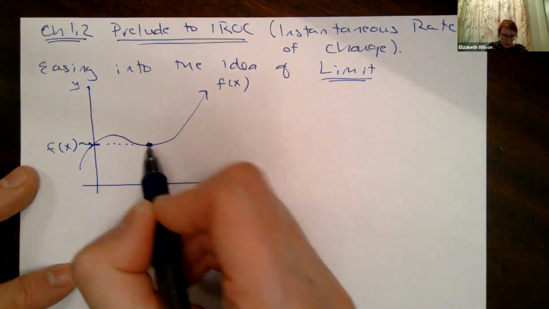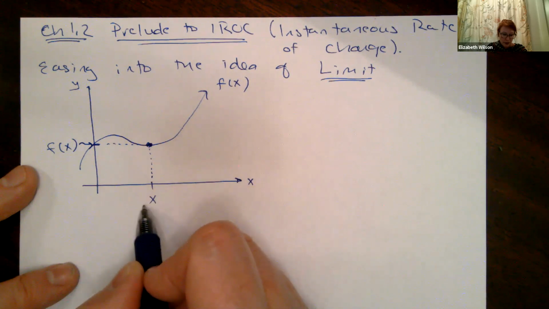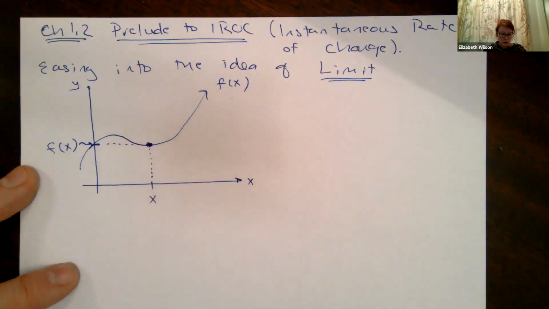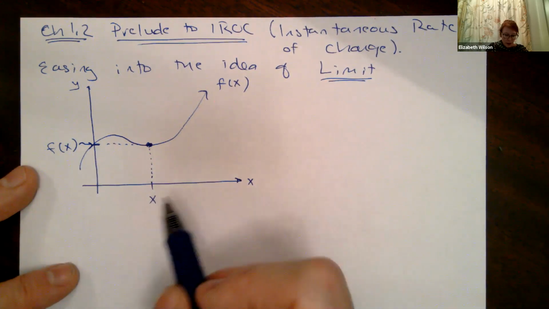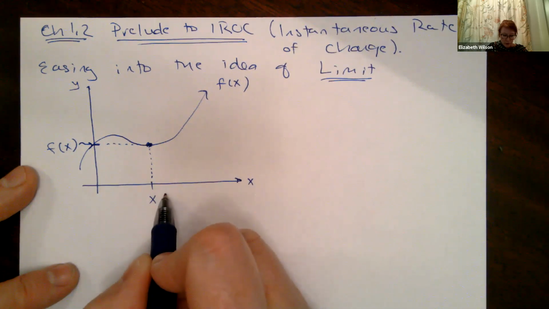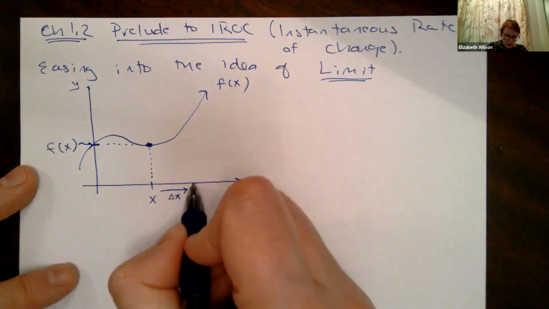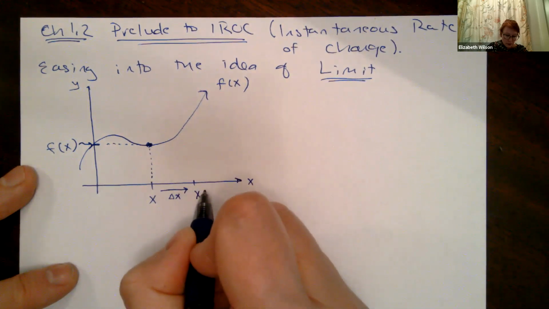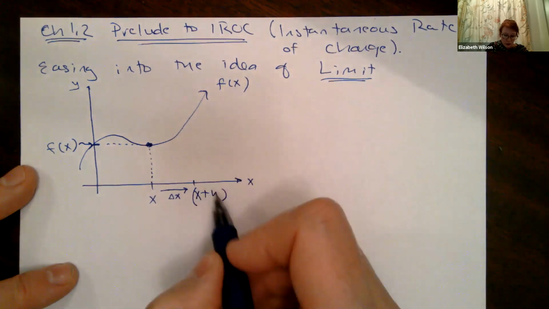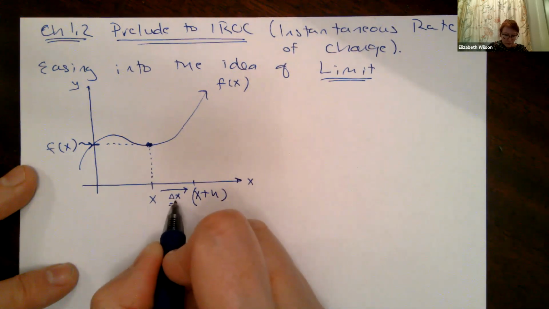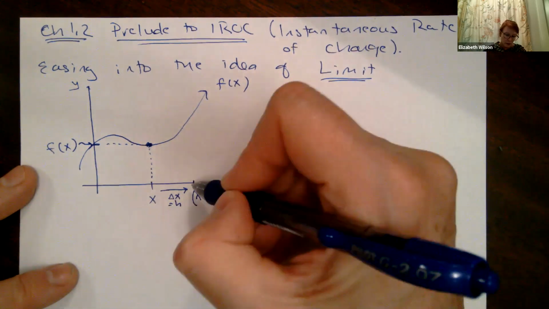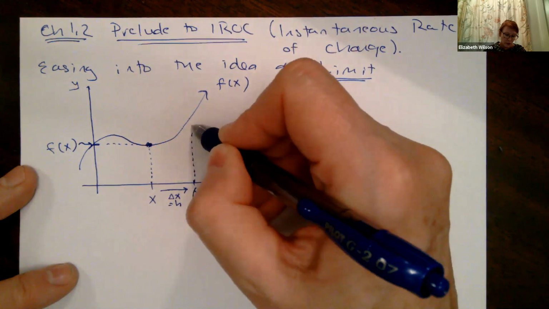Along my domain I've got this value of x, and it has a y value associated with it. I'm going to move some delta distance, and I'm going to call that delta an h. So x plus h is some distance away from my x.